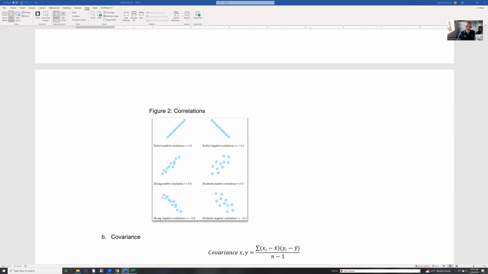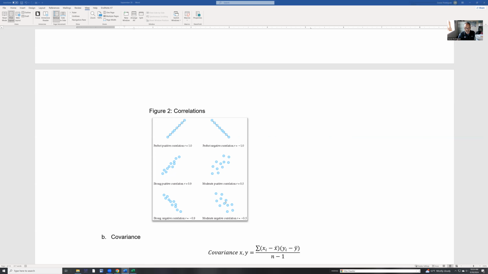Here we have the opposite, right? The reflection. This is a -0.9, but it's going down from left to right. This is going up from left to right. The negative is going down from left to right. And this is a weaker correlation, still not bad. It's 0.5, right? But now you'll see there's greater dispersion of these dots around that invisible straight line.